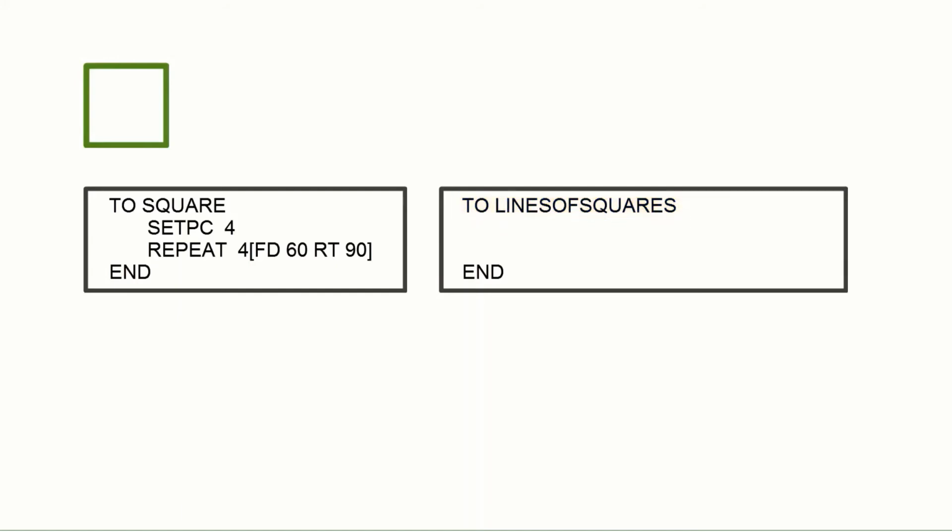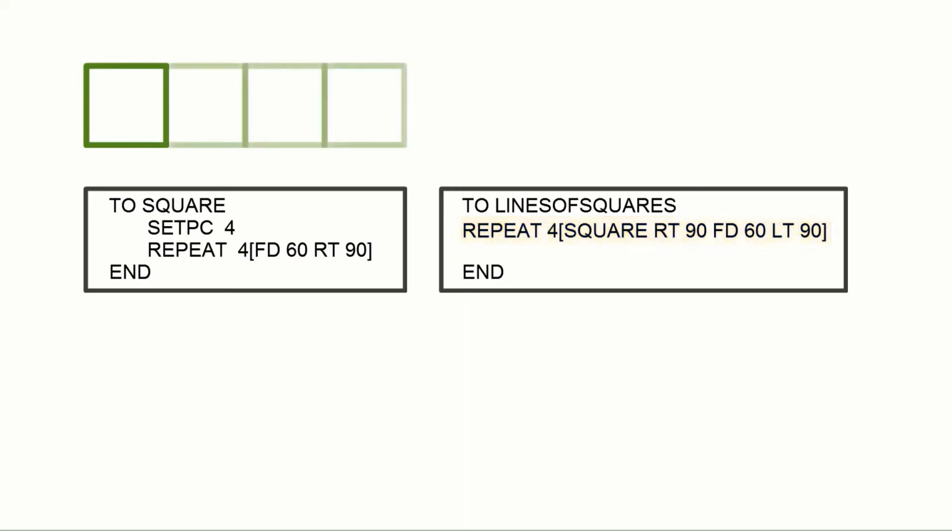Then, within lines of squares, add repeat 4, square right turn 90, forward 60, left turn 90. Test the lesson lines of squares by entering lines of squares in the listener window. Make additional changes, press Run, and test again. Review and discuss the process.